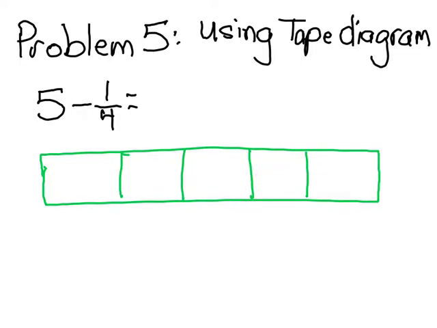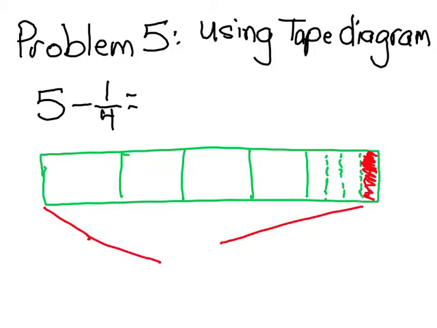Then we want to take one of those 5 and divide it into quarters. So here's our quarters. We're going to take one of those quarters away and subtract it. The 1/4 we subtract, and our total now is right here. That's our answer.